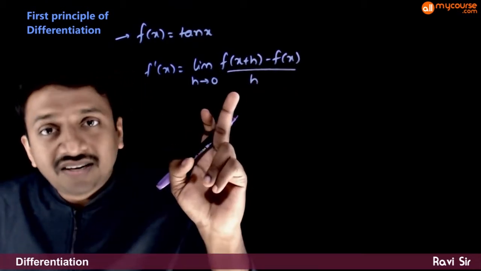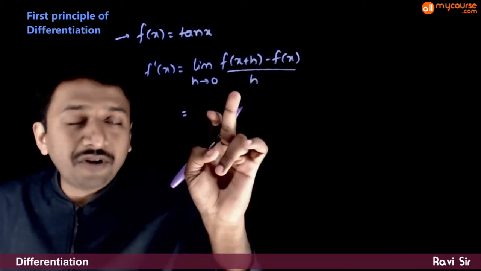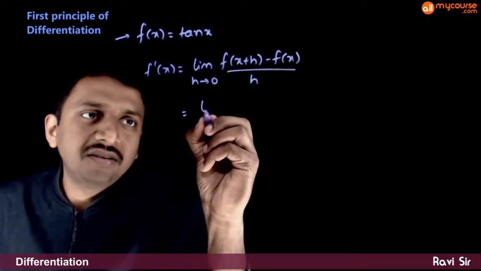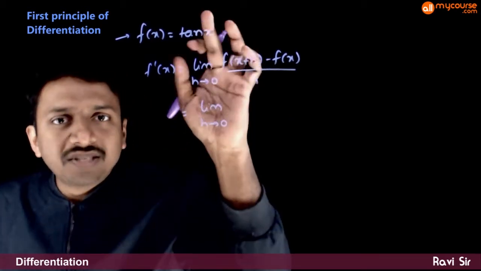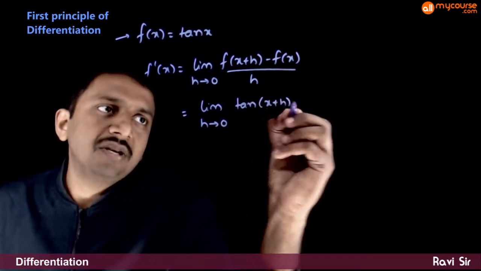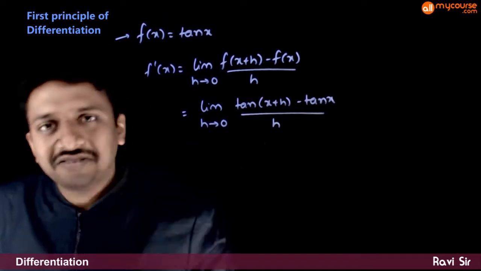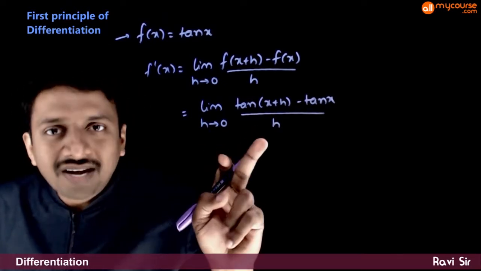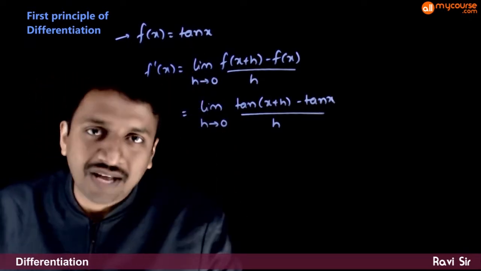This is the definition of differentiation. Applying this for tan x, we get limit h tends to 0 of tan of x plus h minus tan x, by h. If you can find this limit, it will be nothing but the differentiation of tan x.